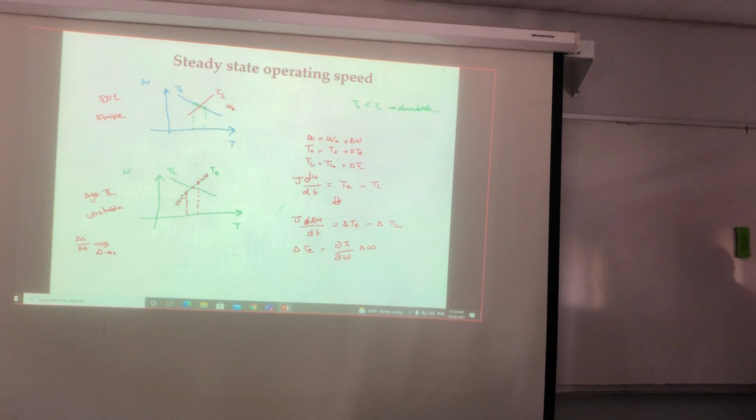And the same thing I can do for the load: delta TL equals partial TL by partial omega times delta omega. So now I will substitute this one here and this one here.